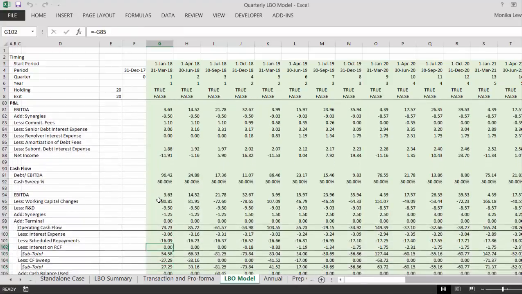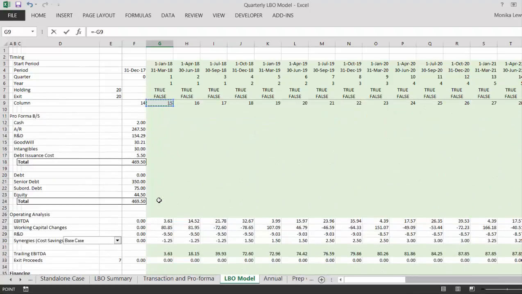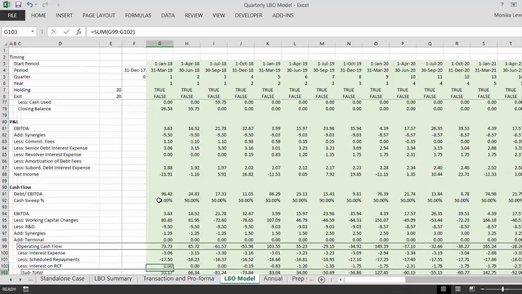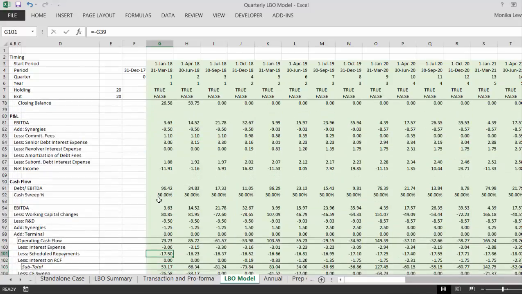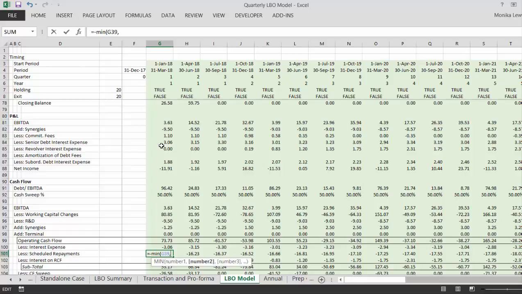So down here for the scheduled repayment, I'm going to put a minus on the repayment that we applied, okay? And this is going to be consistent with what we've been doing otherwise, so I'm leaving it as a minus number. But then we put a minus here, and right here after the minus, we put a minimum of the opening balance.